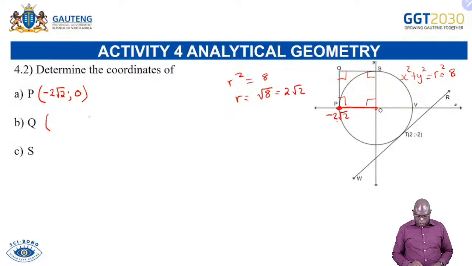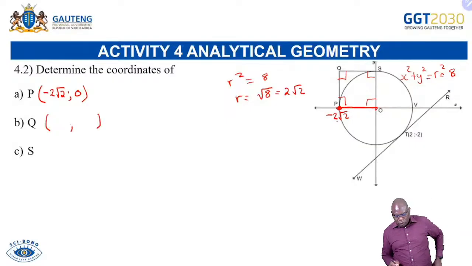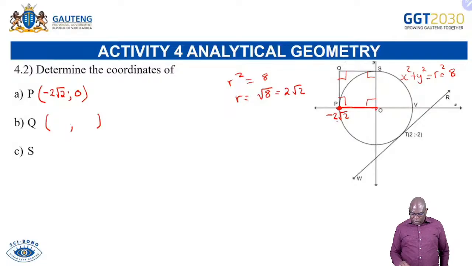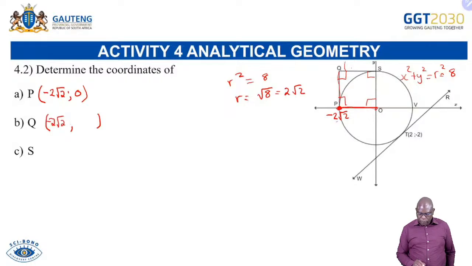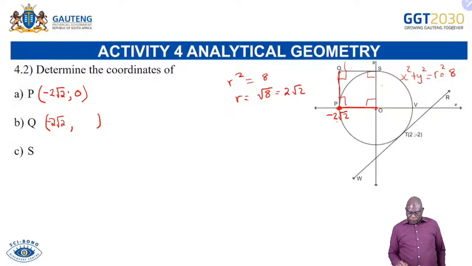Q is a bit of a challenge here. Why am I saying it's a challenge? I know the x value: it is negative 2 root 2, because it is the same point here. Now, I know the y value. The y value at this point is also on a radius, but in this case the positive one is 2 root 2.